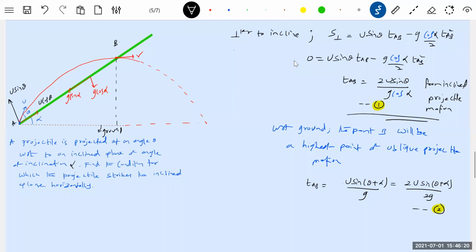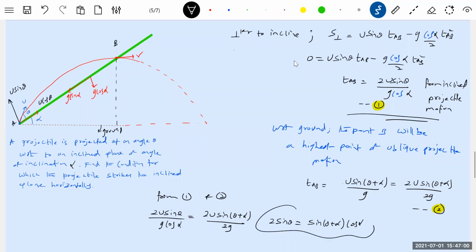Let me equate 1 and 2. From 1 and 2, U sine theta by G sine alpha, sorry, G cos alpha. Okay, finally the answer will be 2 sine theta is equal to, this is a condition.